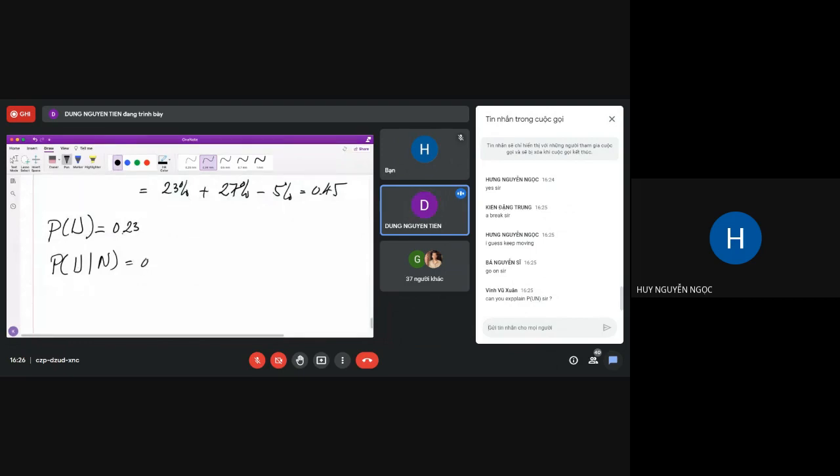Not really, right? Another example: suppose that based on past experience, I know that the probability that a person can pass the course is 70%. What is the probability that the student can pass the course if his midterm score is 10?